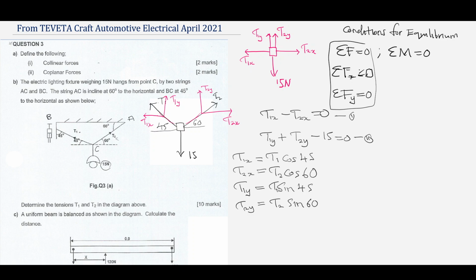The first one will be T1x is equal to this, so it will be T1 cos 45 minus T2 cos 60 is equal to 0.